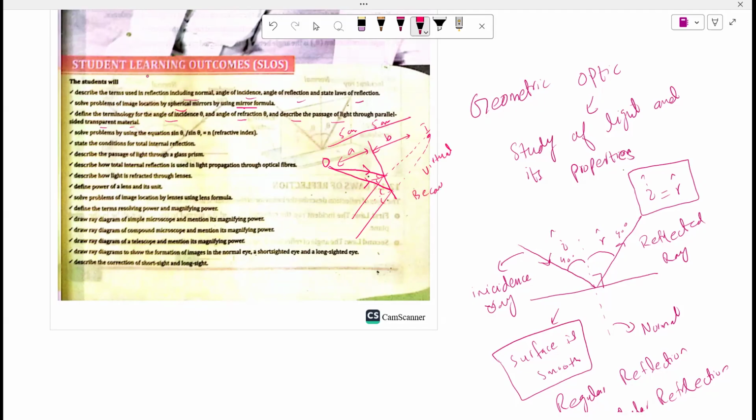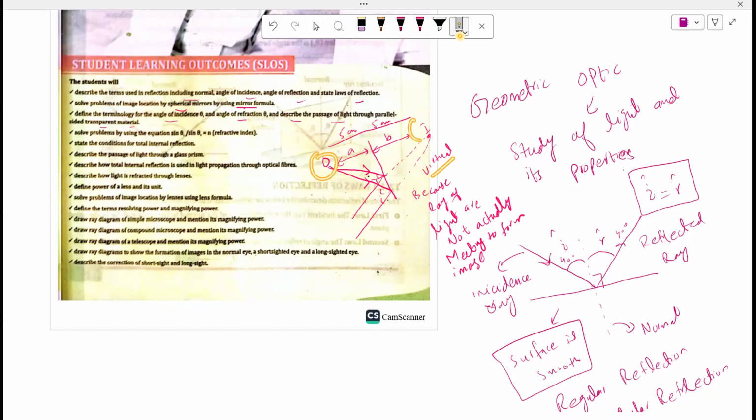Because rays of light are not actually meeting here. We could clearly see that we have traced these rays back to this point to form the image. So such an image is known as a virtual image.